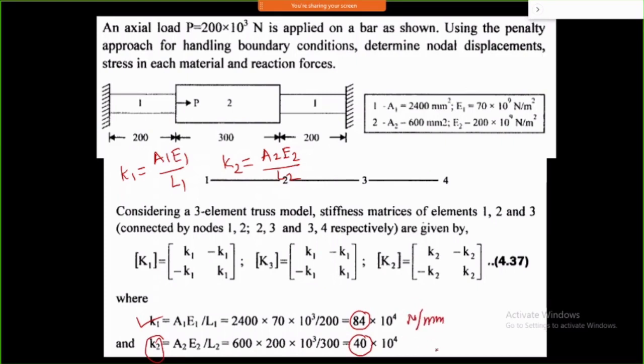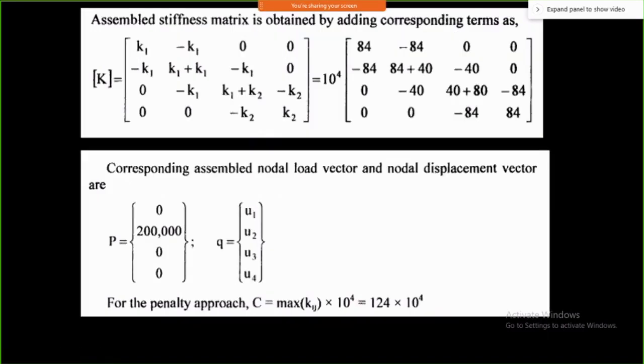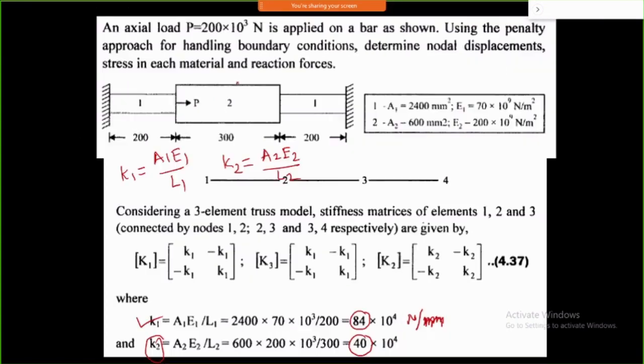Since the dimensions are in mm, it will be taken in Newton per mm. Now we can assemble it, and this is very simple, because node number 2 is common to elements 1 and 2, and node number 3 is common to elements 2 and 3.